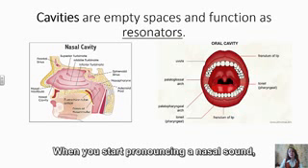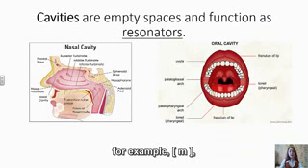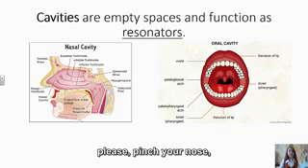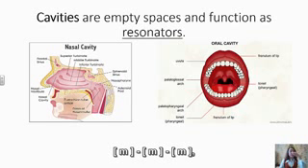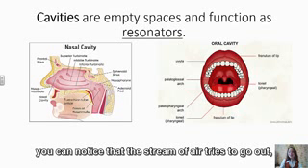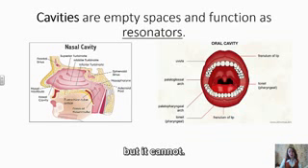When you start pronouncing a nasal sound, for example, m, please pinch your nose. M, m, m. So you can notice that the stream of air tries to go out, but it cannot. So no sound is produced.